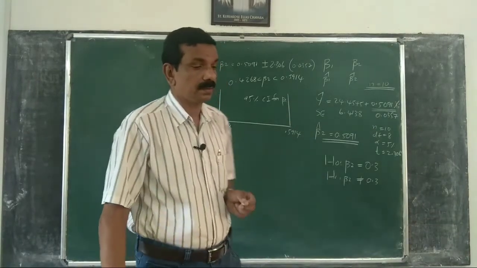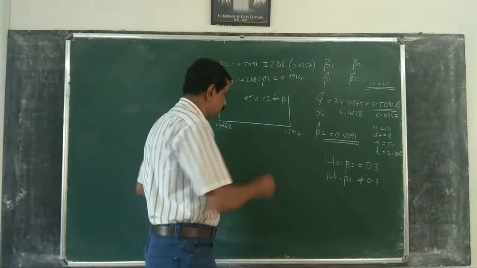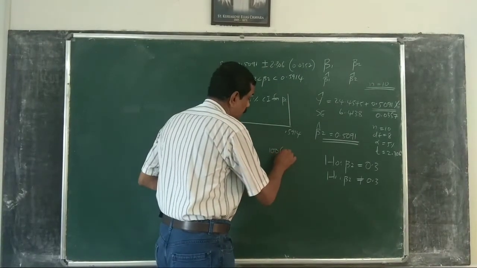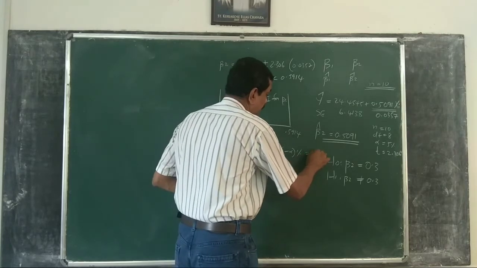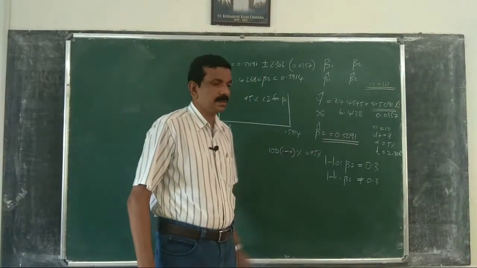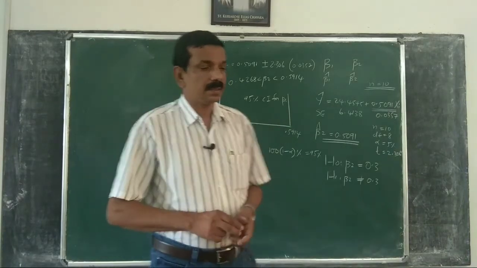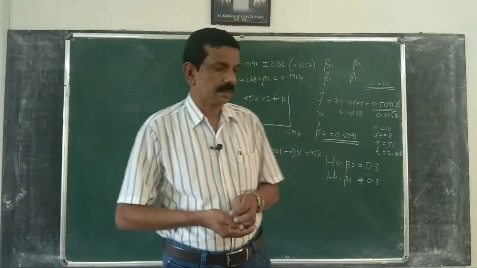Now, in the language of hypothesis testing, if beta 2 under H0 lies in this interval, where the interval is 100 times 1 minus alpha percent, that is 95%, with alpha fixed at 5%, we do not reject H0. Otherwise, we reject it.